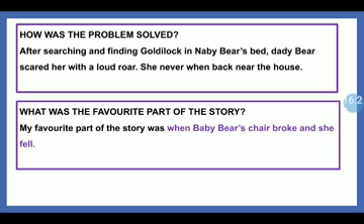Alright, that's what it's basically asking me. So, for me, my favorite part of the story was when Baby Bear's chair broke and she fell, meaning Goldilocks fell on the floor.